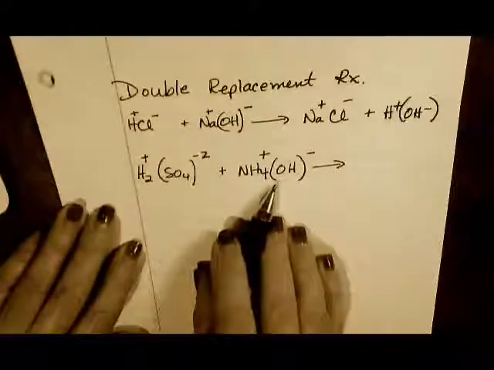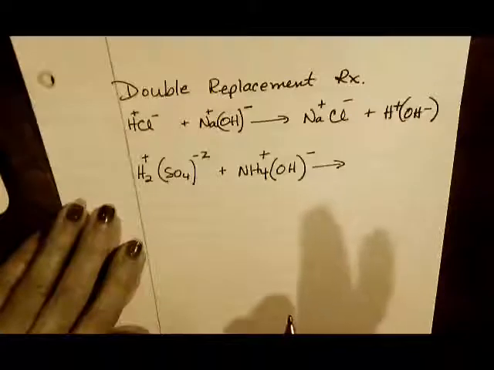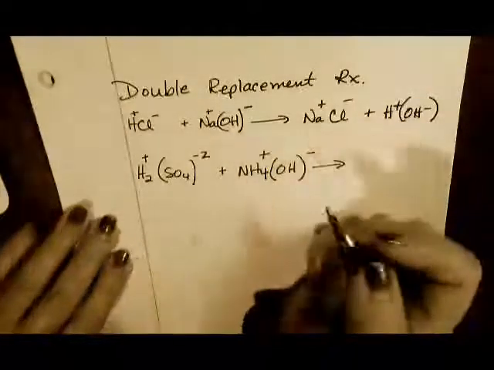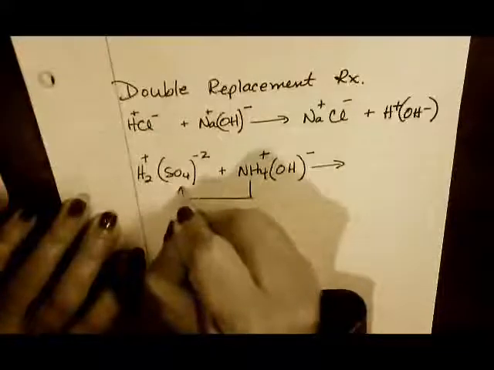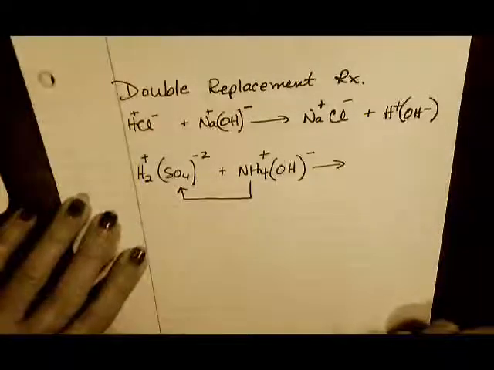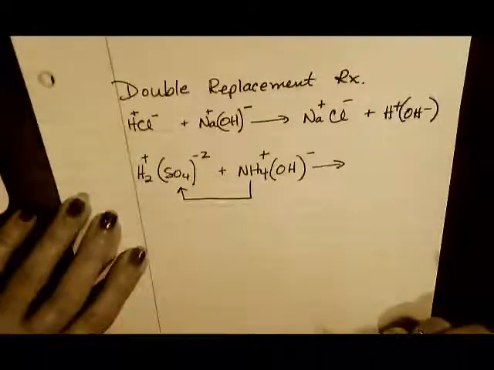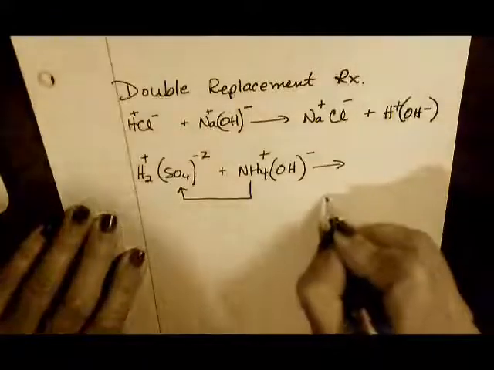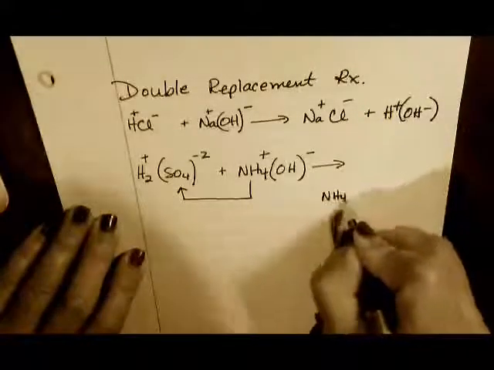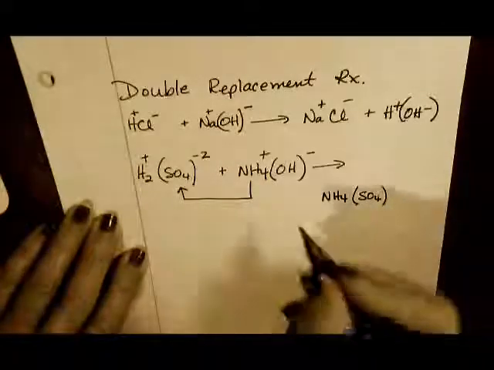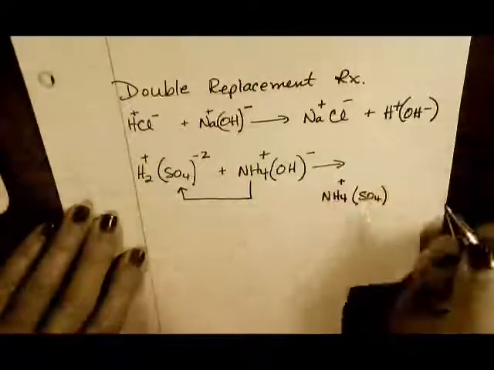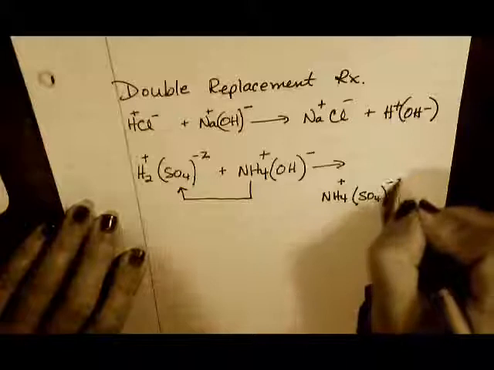Acid, base, double replace. So, isn't it true that the NH4 will combine with the SO4 minus 2? So when we do that, let's bring it over. NH4 combines with the SO4. NH4 is a plus 1, but SO4 is a minus 2.